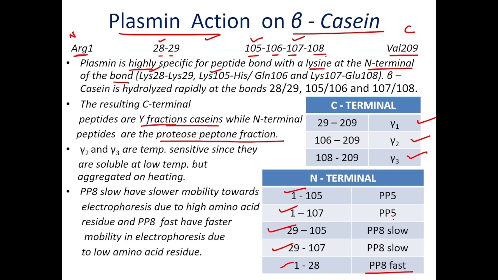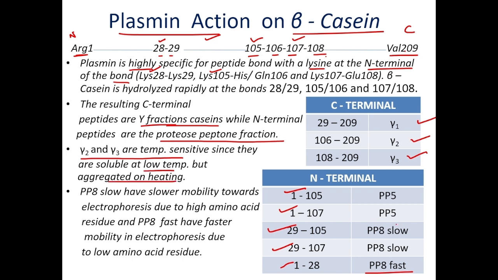So these are the N-terminal components obtained on the action of plasmin on beta-casein. Gamma 2 and gamma 3 are temperature sensitive, since they are soluble at low temperature but aggregate on heating.